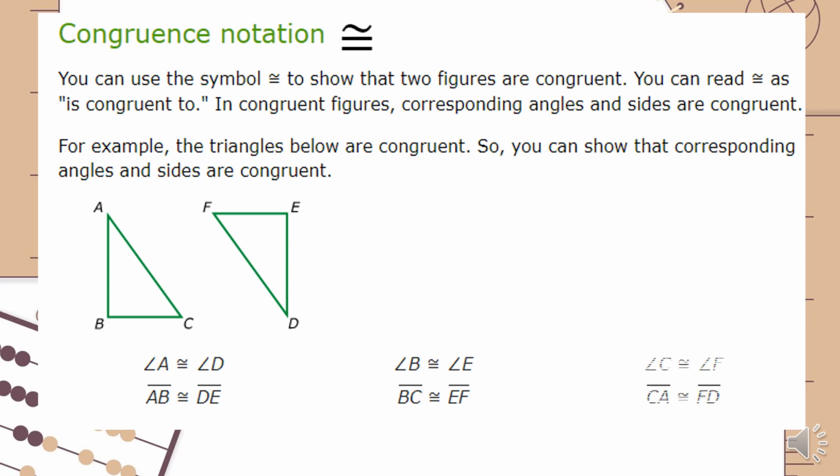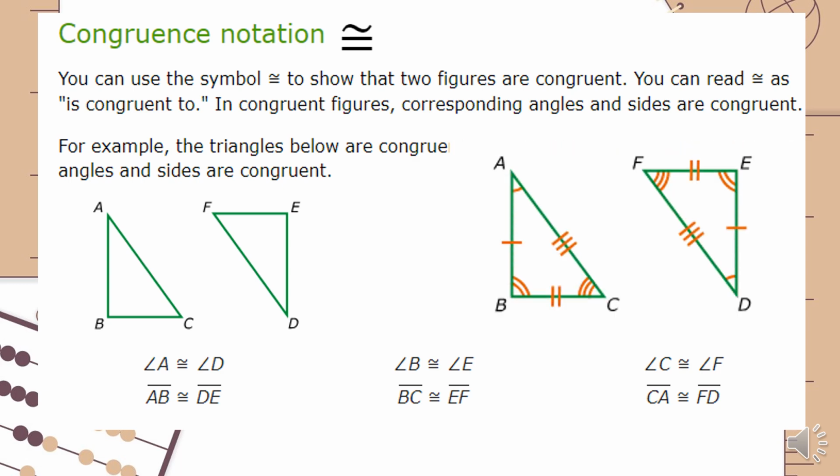Now the last angle, angle C. Angle C is congruent to angle F, and the line segment CA is congruent to line segment FD. So when all the sides and all the angles are congruent, we say that triangle ABC is congruent to triangle DEF.